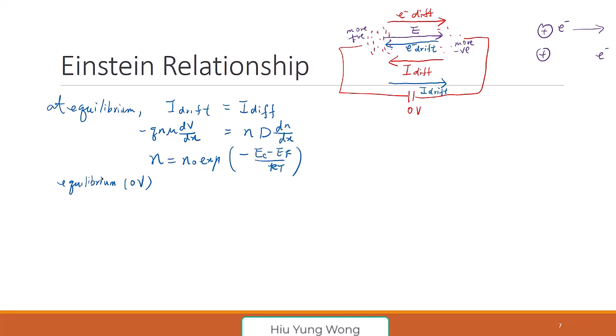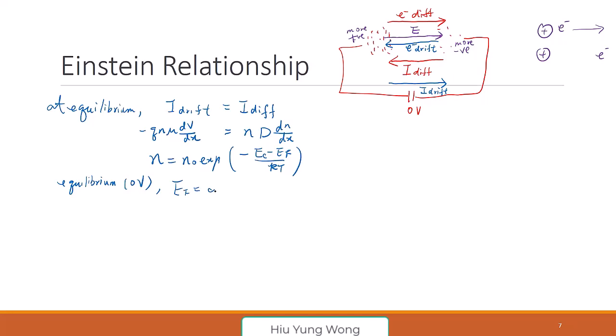I mean, if you plot it in space, if you draw the band diagram, is it constant or can it go up and down? Constant. The Fermi level at zero bias is constant.